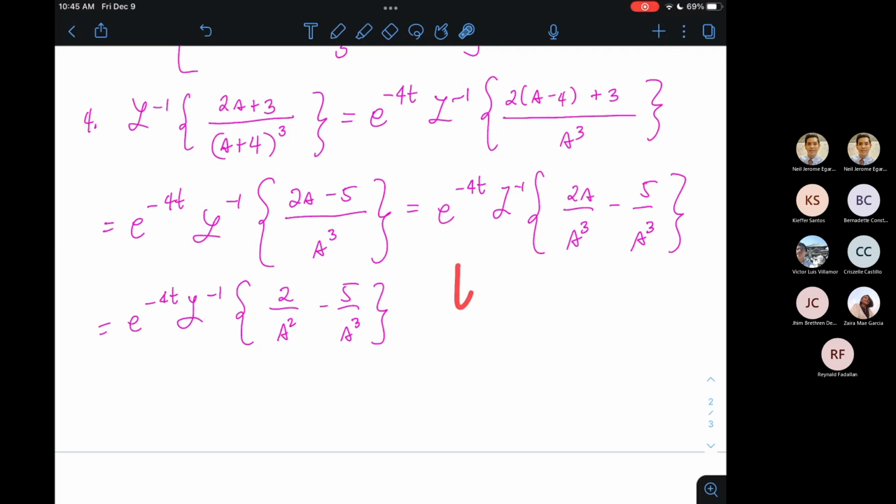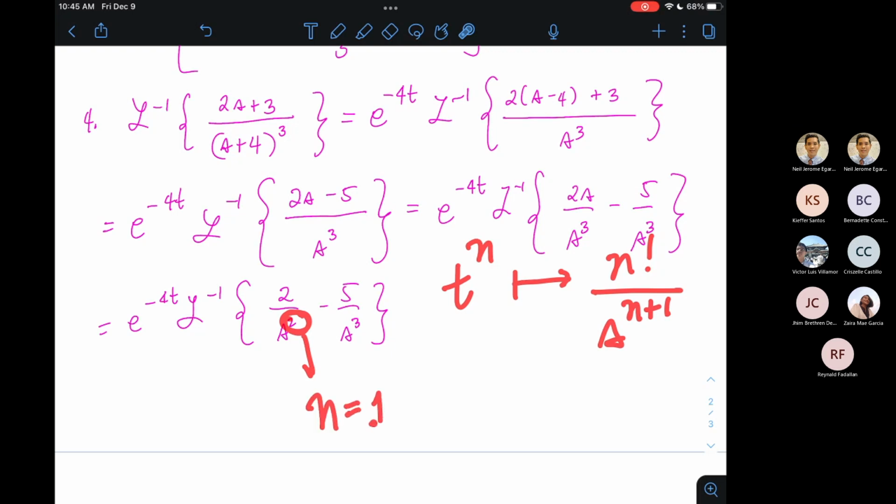So remember, the rule is t to the n, ang kanyang Laplace transform ay n factorial over s to the n plus 1. So the exponent in the denominator is n plus 1. So dun sa unang term, n plus 1 is equal to 2. So that means n is equal to 1. So kailangan meron tayong 1 factorial sa taas. Pero meron akong 2.